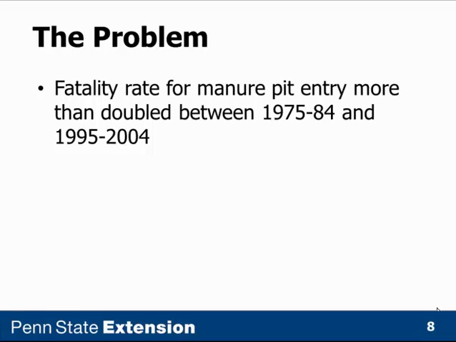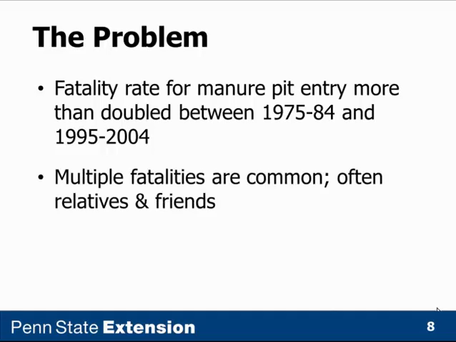So the problem that we have is that the fatality rate in manure pits for manure pit entry has more than doubled between 1975 and 2004. And although we don't have dozens or hundreds of fatalities per year, we do have very, very tragic accidents occurring where not only one person dies in a death event, but there are multiple fatalities.